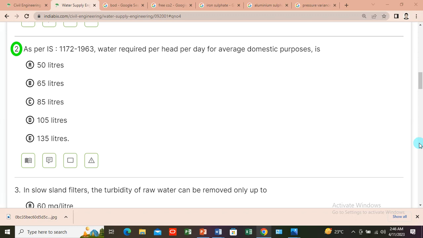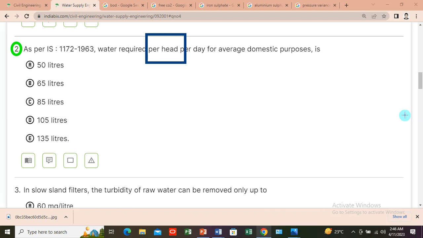The water required per head per day for average domestic purpose is 50 liters. Let's look into the statement closely, what it's asking: water required per head. Per head indicates per person.